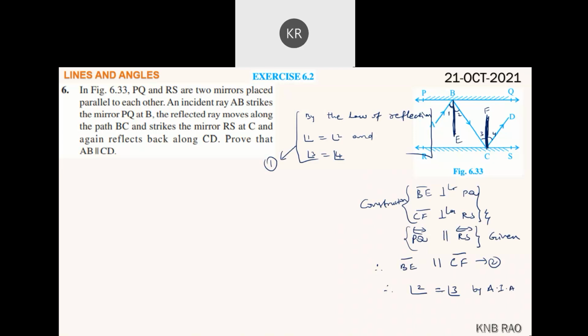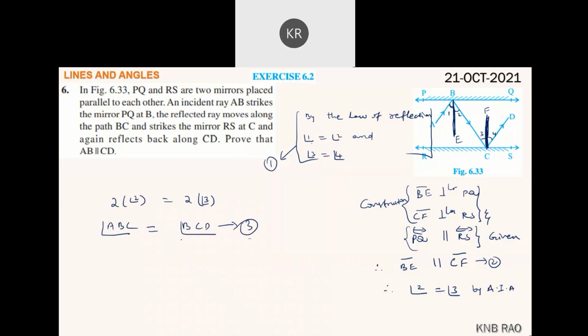Now, if I take double of them, can I take double of them? Yes, sir. 2 times angle 2 equals to 2 times angle 3. What is 2 times angle 2? Angle ABC. What is 2 times angle 3? Angle BCD. Now angle BCD has come.